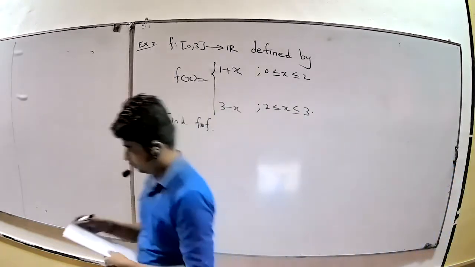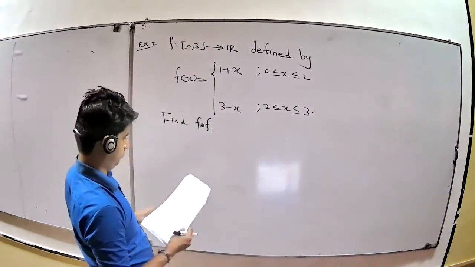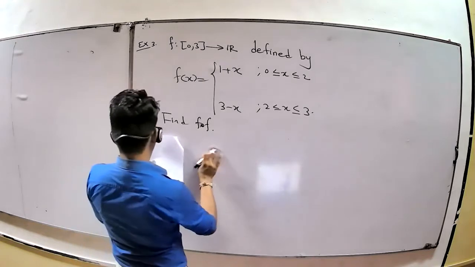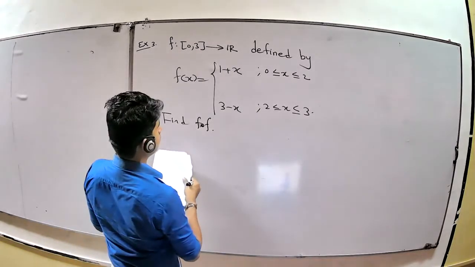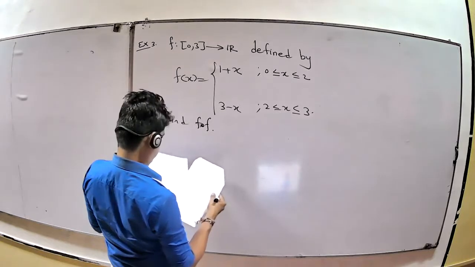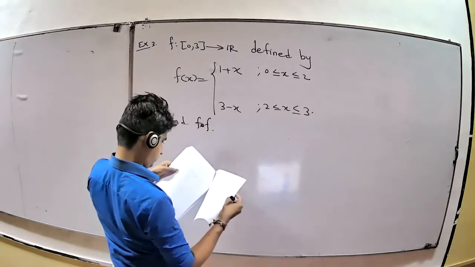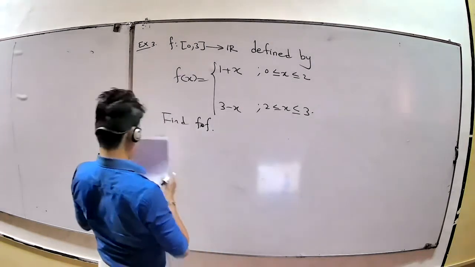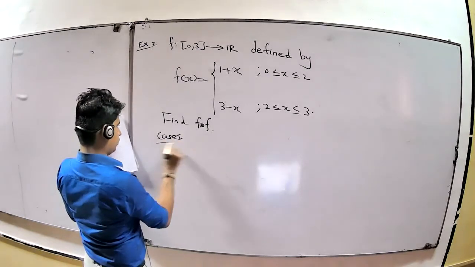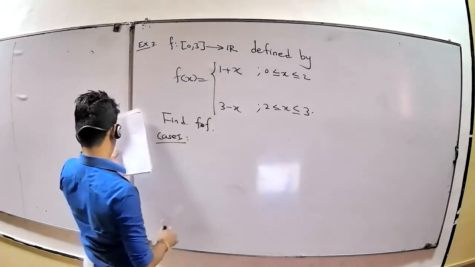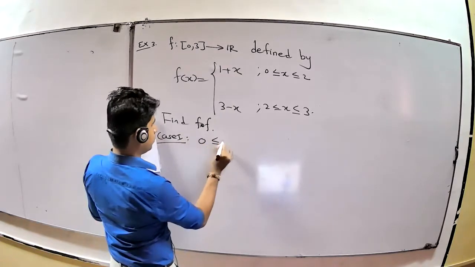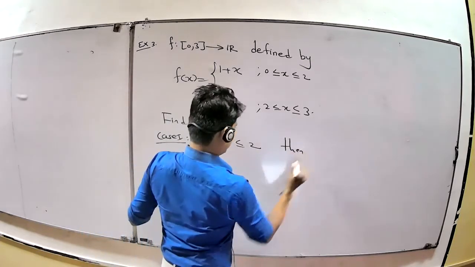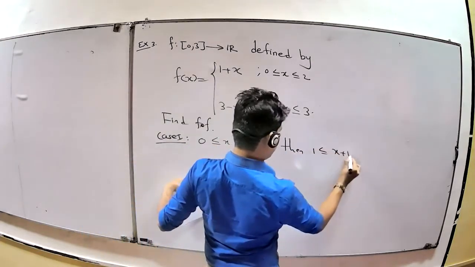Case 1, basically 0 less than or equal to x less than or equal to 2. Then add 1 here: 1 less than or equal to x plus 1 less than or equal to 3.